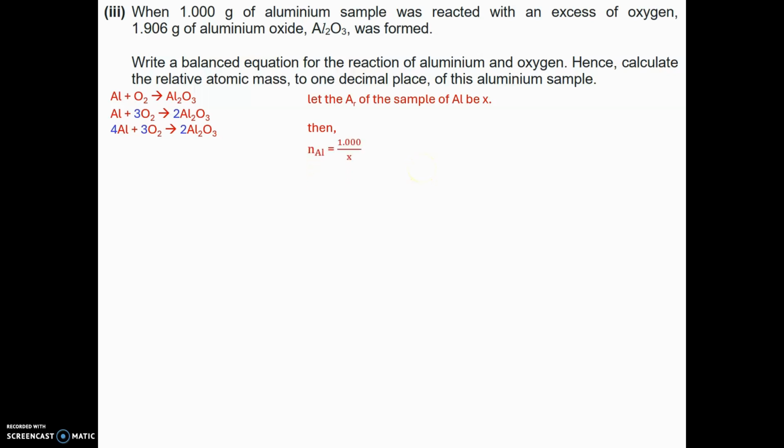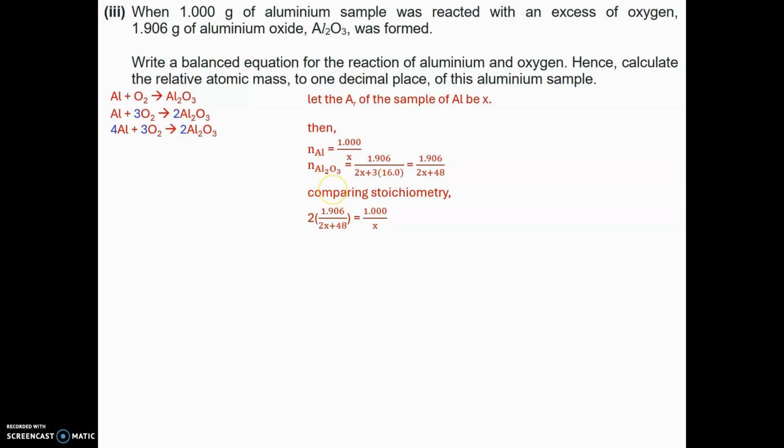So the amount of Al would be 1.000 divided by x, whereas the amount of Al2O3 would be 1.906 divided by 2x plus 48. 2x plus 48 represents the relative formula mass for aluminium oxide. Now that we have this, we can compare the stoichiometry. Based on the equation, it is 4:2, which is 2:1. So the amount of Al is twice the amount of aluminium oxide.